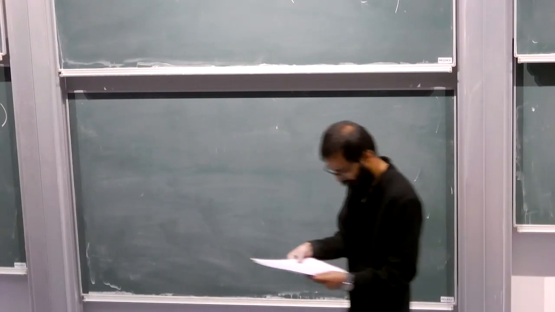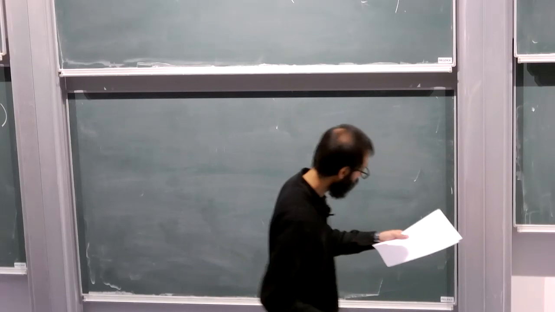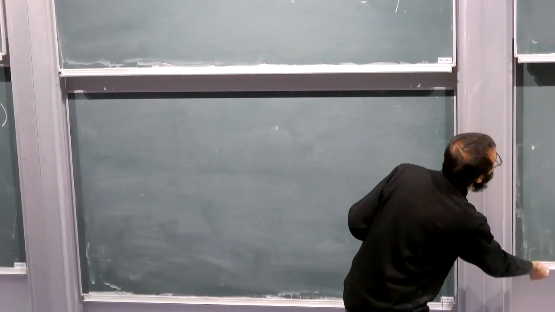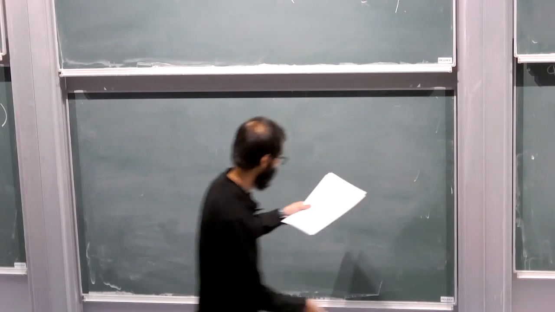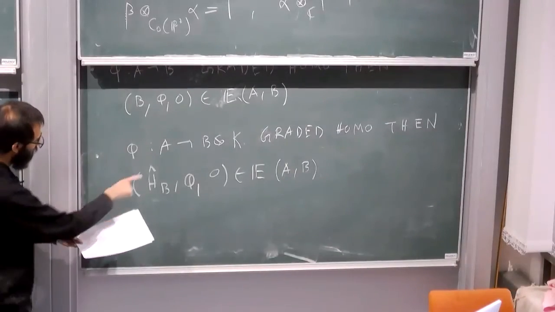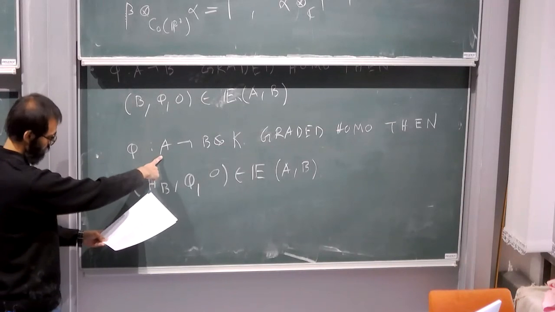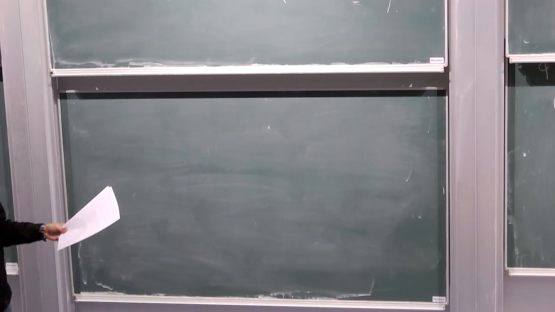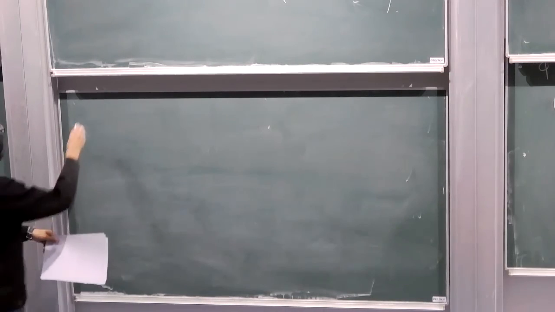What is alpha? Okay, so take A to be KH, B to be C, so that we have the identity from KH to KH, right?